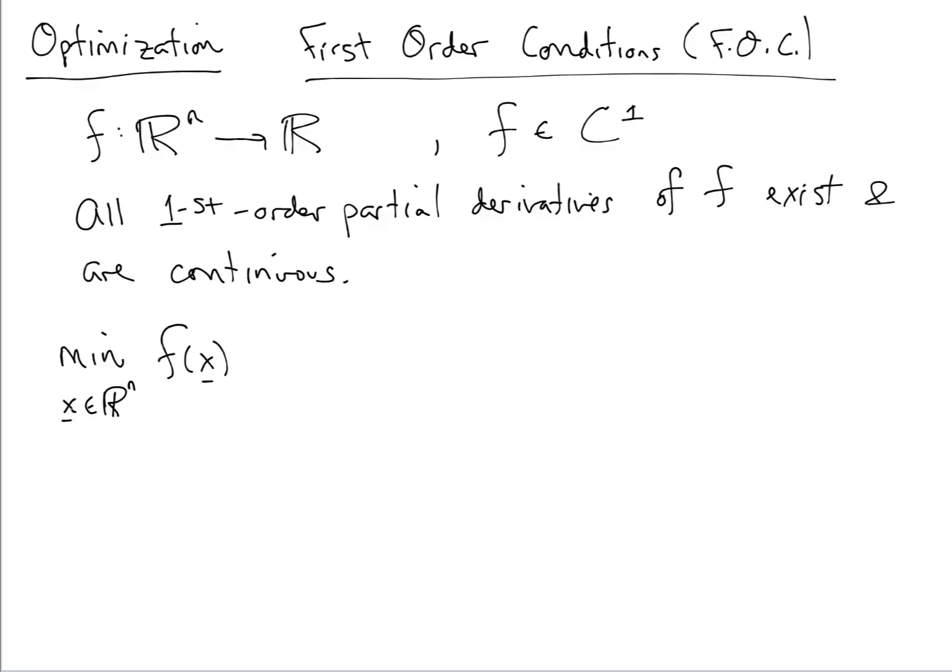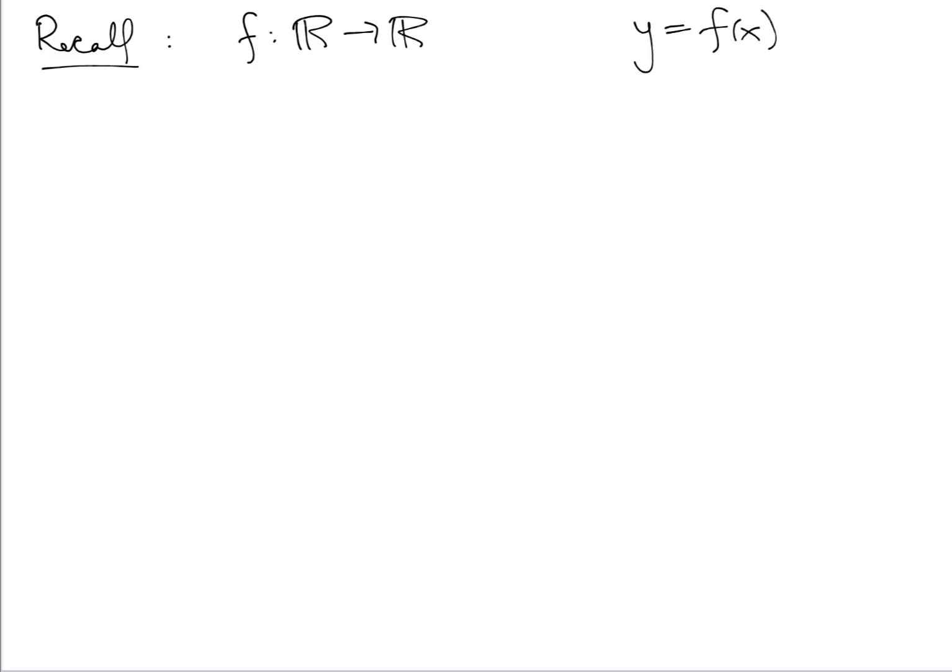To get some intuition for this, let's recall our result from calculus of a single variable. So suppose f goes from R1 to R1, and we often write that y equals f of x, and we're saying it's continuously differentiable, which means f prime of x exists and is continuous.